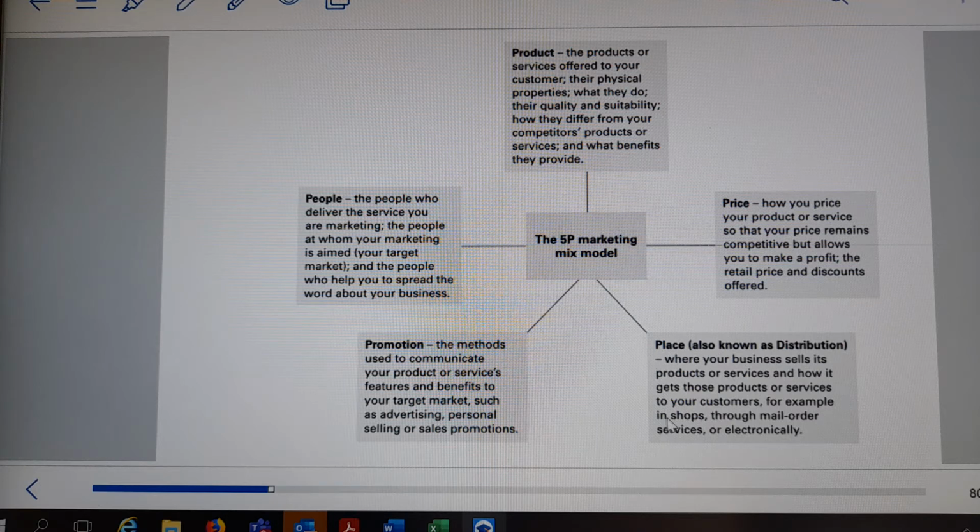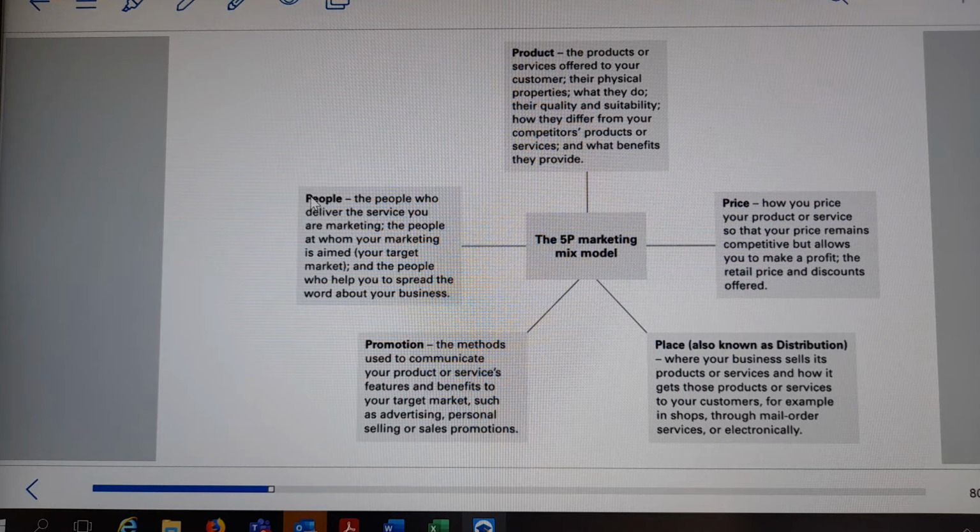For examples, in shops, through mail order services, or electronically. And we look at promotion, the method used to communicate your product or services, features, and benefits to your target market, such as advertising, personal selling, or sales promotions.